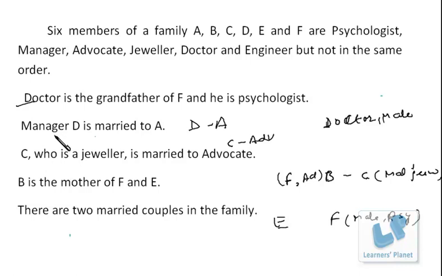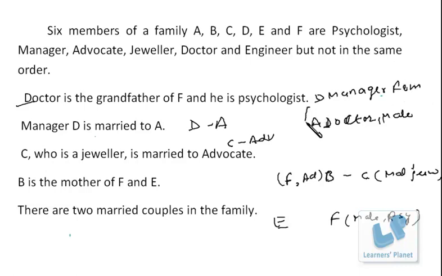Now next is manager D is married to A, right? The one more married couple should be over here in the 3rd generation, and here manager D is married to A, but we know that one doctor is already there and he is a male. So manager D is married to A. That means this person must be A and the couple should be D, right? So D is manager and it should be female.